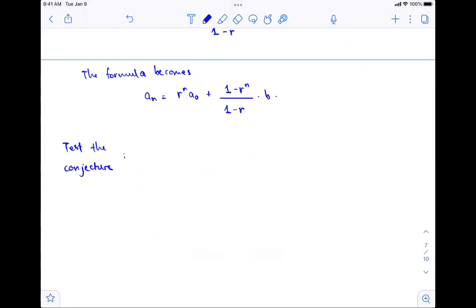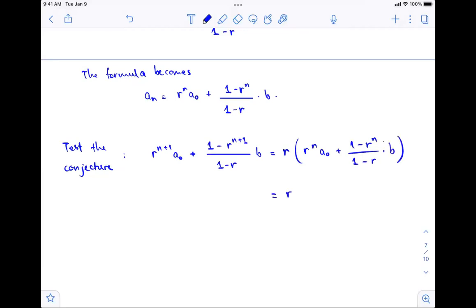So a sub n plus 1 is going to be r raised to the n plus 1 times a0 plus 1 minus r raised to the n plus 1 divided by 1 minus r times b, which is equal to r times r to the power n times a0 plus 1 minus r raised to the power n divided by 1 minus r times b.